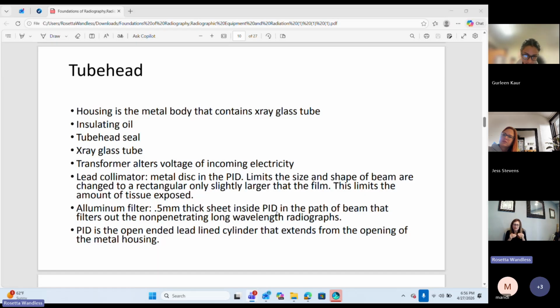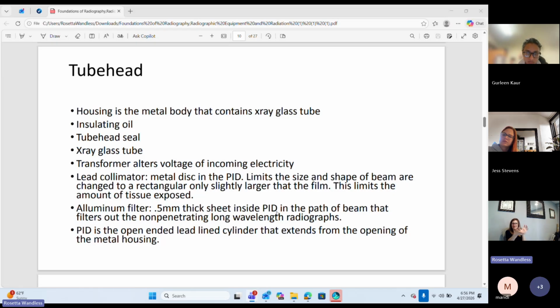The aluminum filter is the next part. It is going to filter out the long wavelengths and just give us the short wavelengths, so it could be the most penetrating and the safest. The thickness is 0.5 millimeters. And the PID, which is the position indicating device, is basically our open-ended lead-lined cylinder that is going to direct the beam.